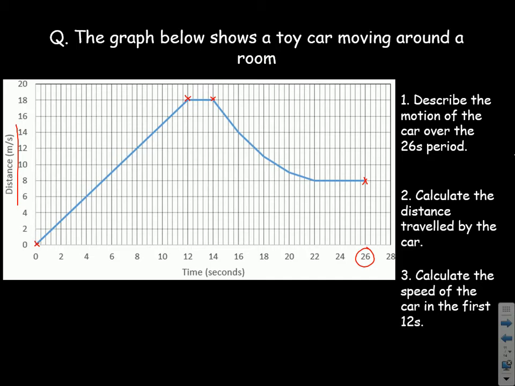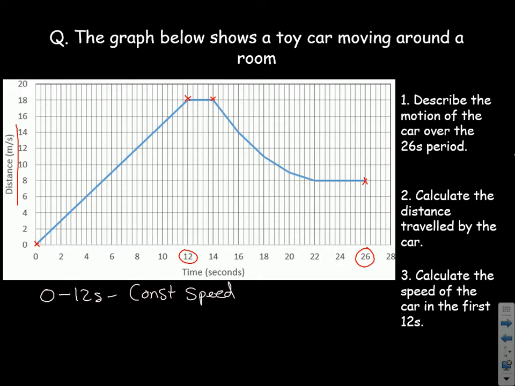Okay, so from 0 to 12 seconds we have the object is, well, its distance is increasing, and it's increasing in a uniform pattern, therefore we know it is travelling at a constant speed.